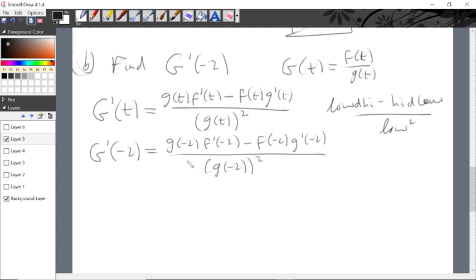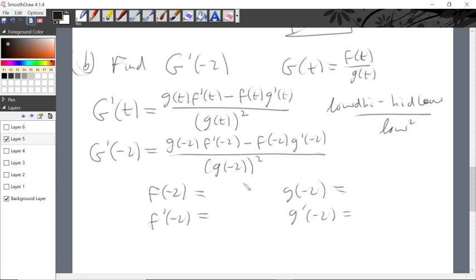We need to evaluate f and g, f prime and g prime. We still need 4 components here, but at a different input value than we did previously: f of -2, f prime of -2, g of -2, and g prime of -2.